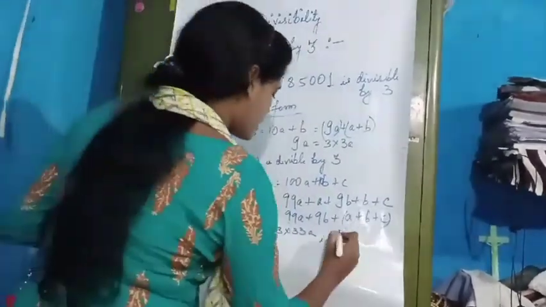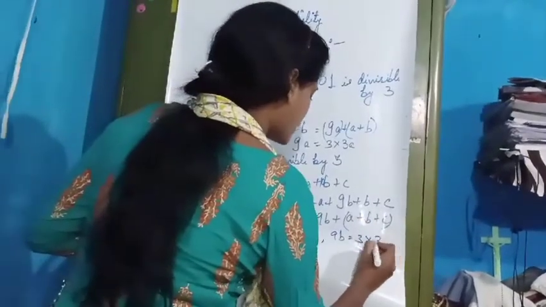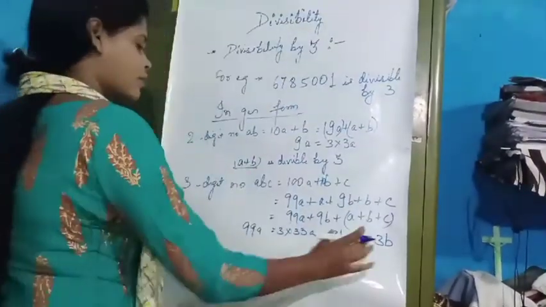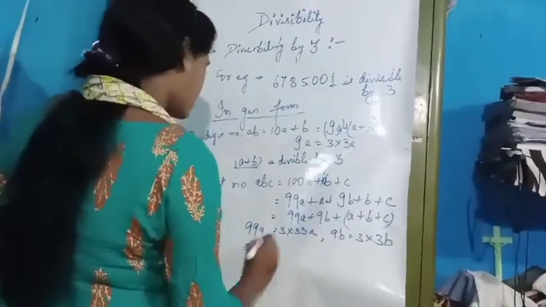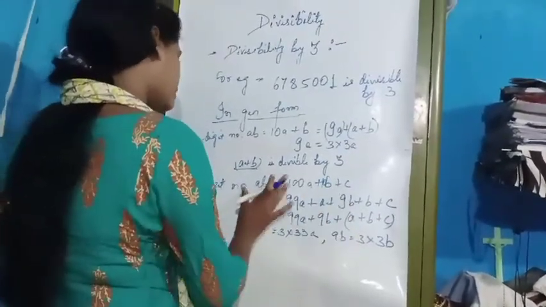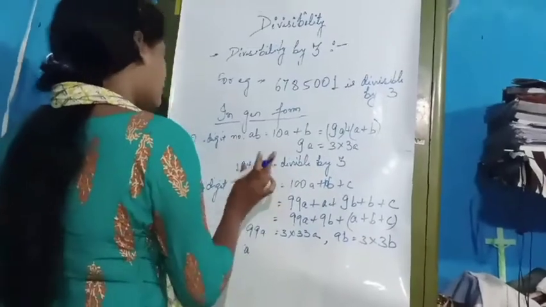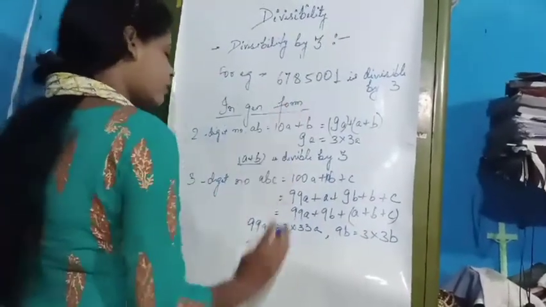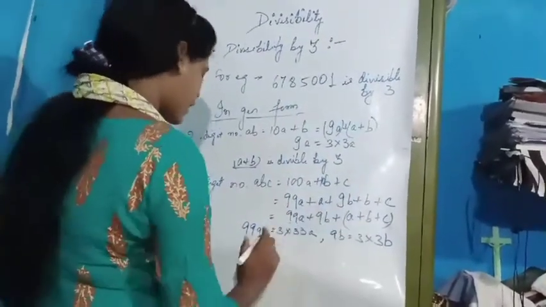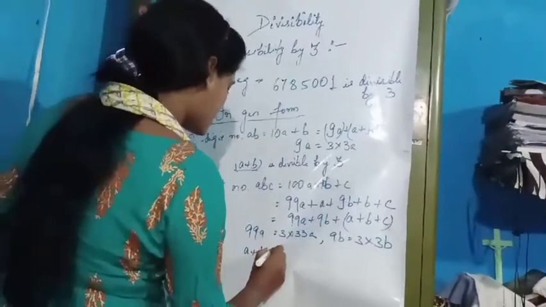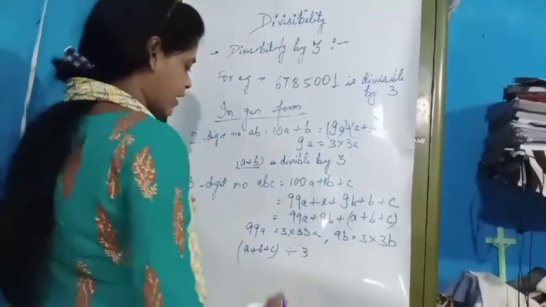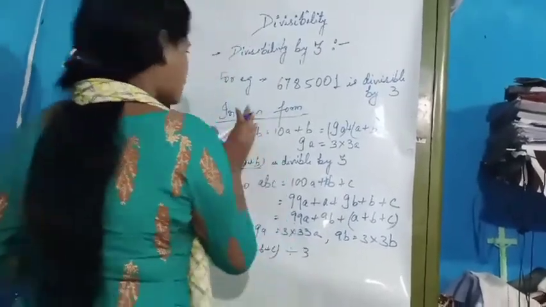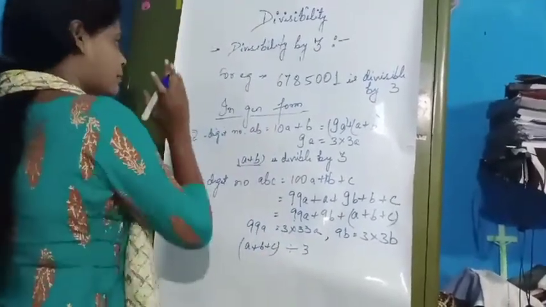Then 9B also is 3 into 3B, so this is also divisible by 3. Now the number ABC is divisible by 3 only when A plus B plus C is divisible by 3. So this is the generalized condition for divisibility by 3.